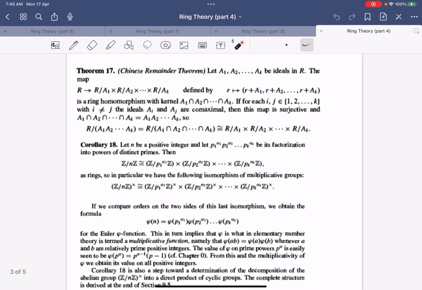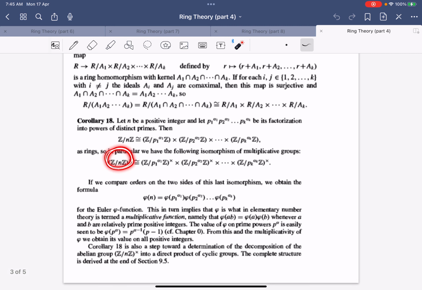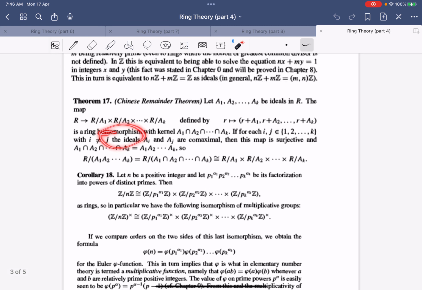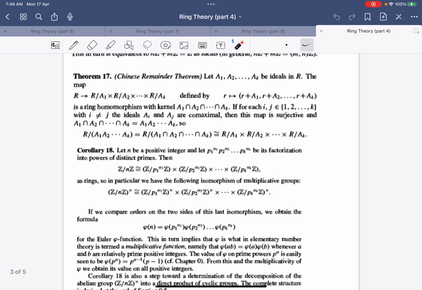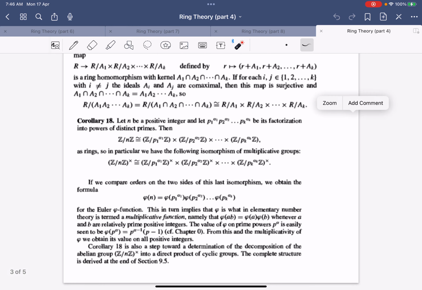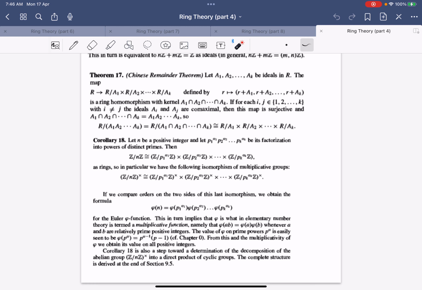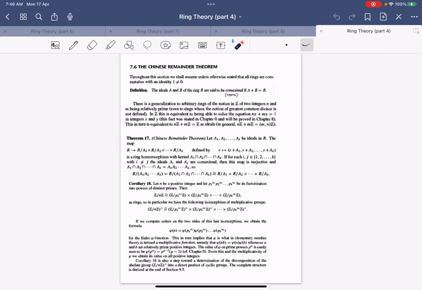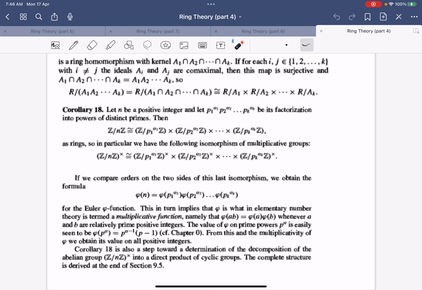And then in particular the units of this ring will just be the product of the units, because it's a ring homomorphism. So the Chinese remainder theorem stated in the general sense is as follows. And if you were to compare this with the integer sense, you just need to replace this with the primes, and you'll actually get the exact same answer.